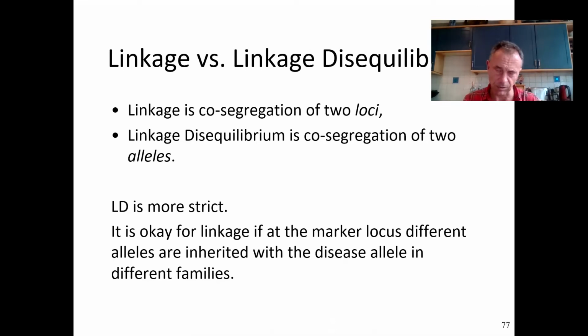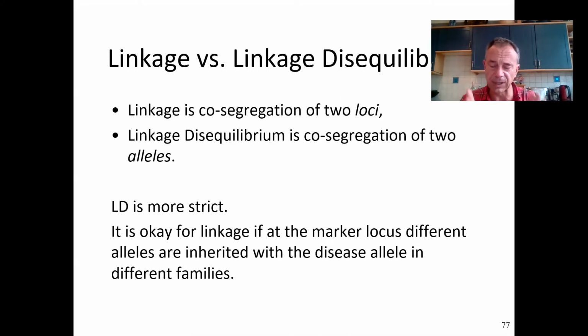Linkage is not about alleles, it's about 2 loci. You say this locus is linked with that locus, but if you look at different pedigrees, it will be different markers co-segregating with the disease in different pedigrees, different marker alleles. So you talk about a relationship between the loci in linkage and the alleles in linkage disequilibrium.